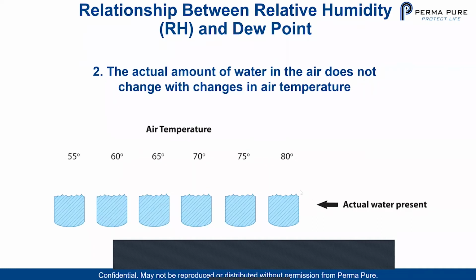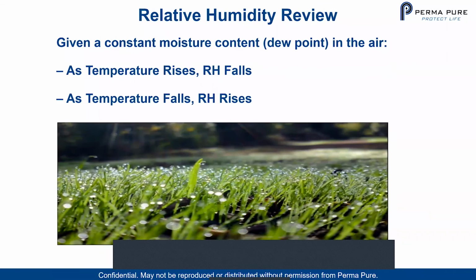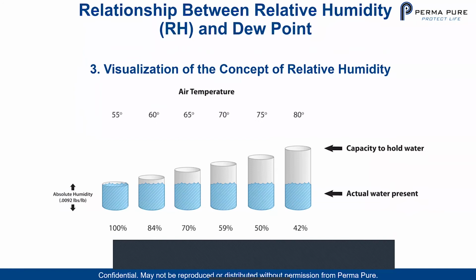For the example, let's show an amount of water that doesn't change over the temperature increase. And let's then overlay the two in the next slide. This visualizes the concept of relative humidity, where your absolute humidity is really the same at all of the temperatures, but you can see the relative humidity at 55 degrees F or 15 degrees C is 100%, but at 80 degrees Fahrenheit or 25 degrees C, it's down to 42%.